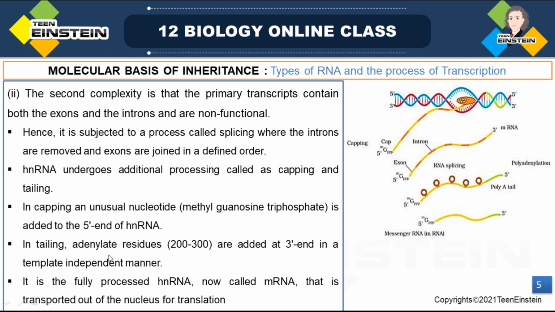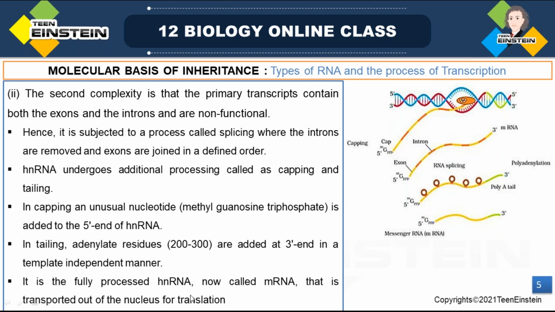Then in tailing, 200 to 300 adenylate residues are added at the 3' end. Here you can see at the 3' end. That is in a template independent manner. So it is the fully processed hnRNA.